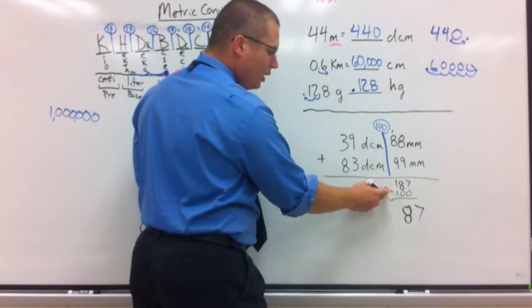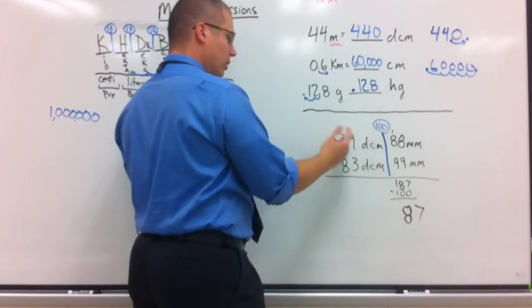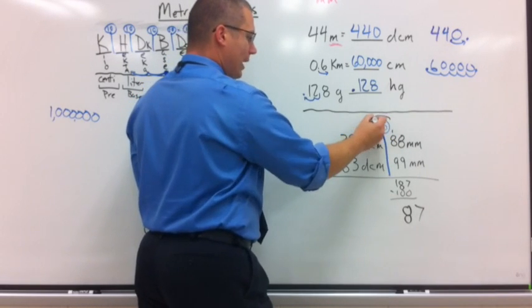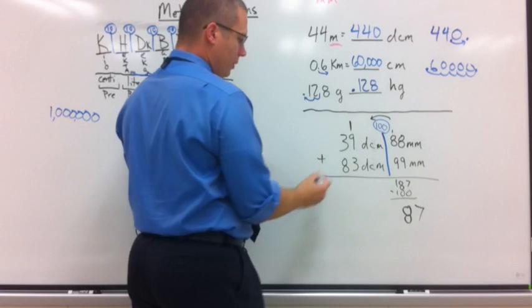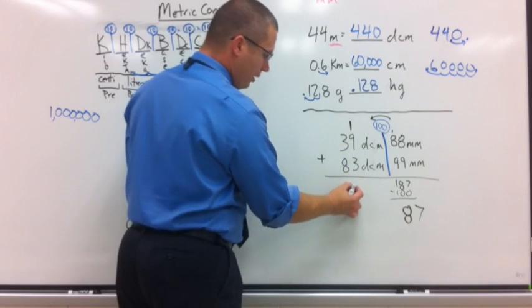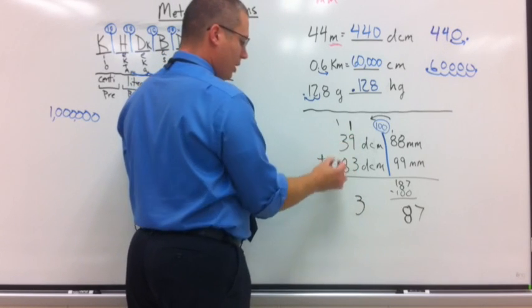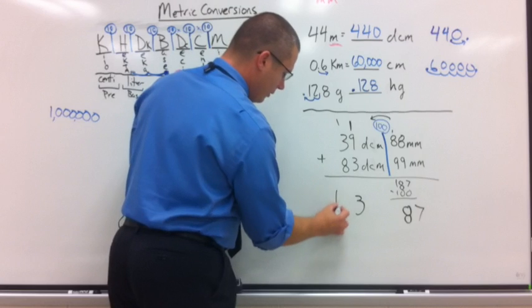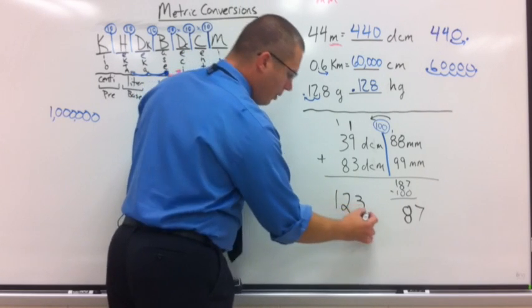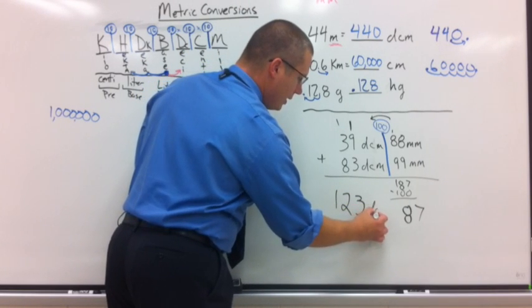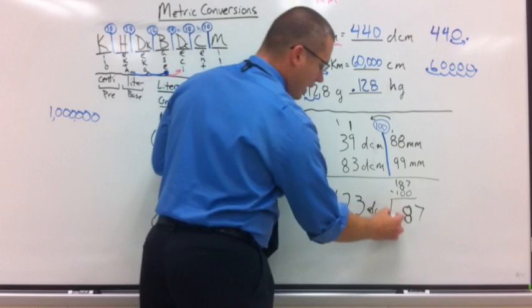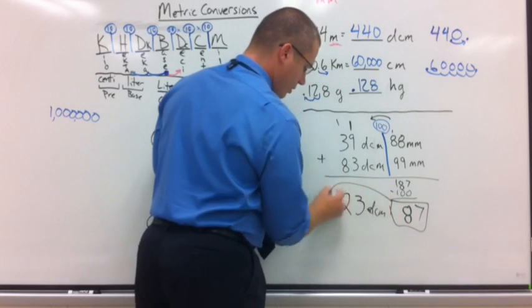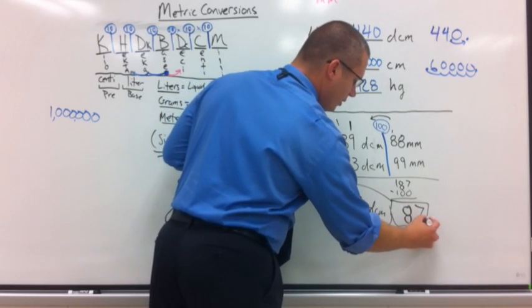Where does that group of 100 end up? Over top the bubble. I carry it over top. 1. 9 plus 1 is 10. Plus 3 is 13. I end up with 123 DCM. And I end up with 87 millimeters.